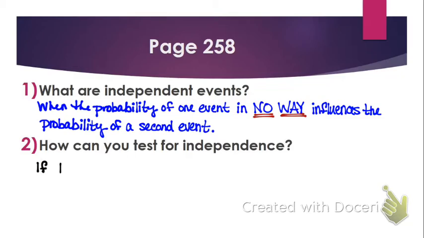If the probability of event A and event B, remember this right here is our and, our intersection.